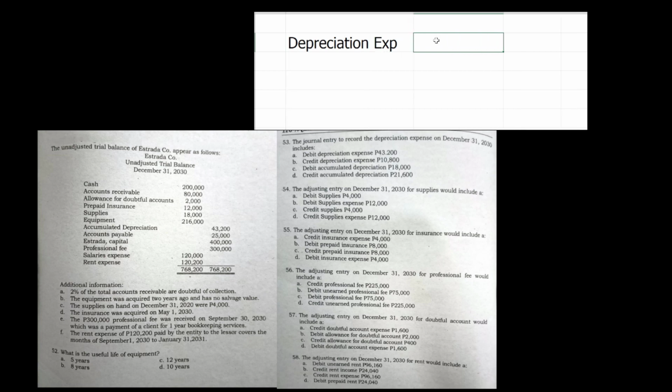Na-compute natin yung annual, that is 43,200, and then credit tayo ng accumulated depreciation of the same amount na 43,200. Okay? So, yan yung entry natin. So, yung answer natin for number 53 is letter A, debit depreciation expense of 43,200.